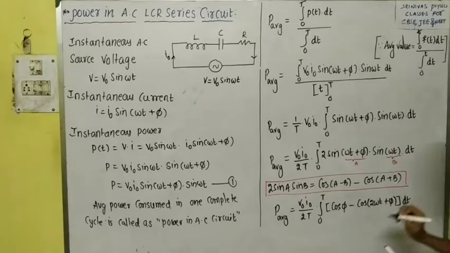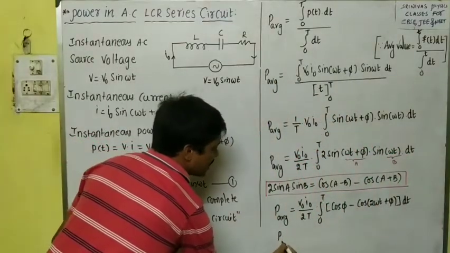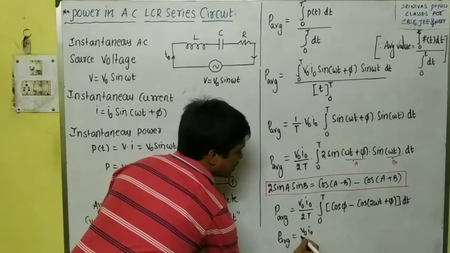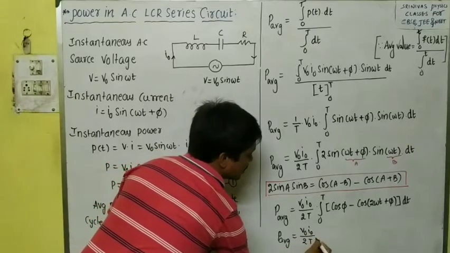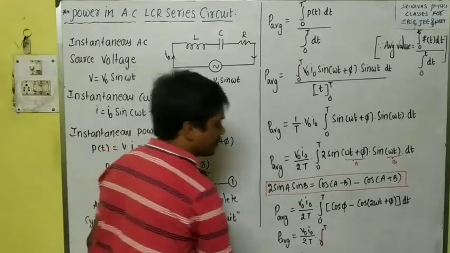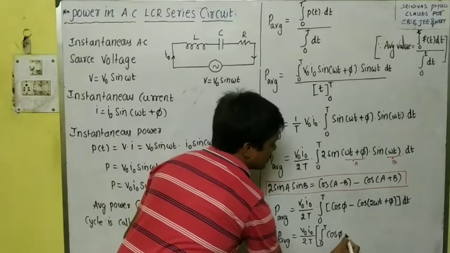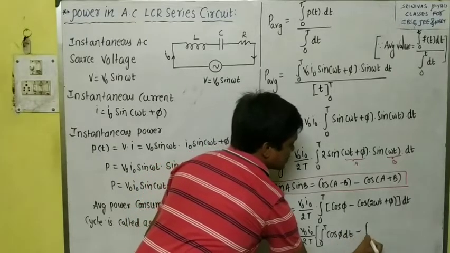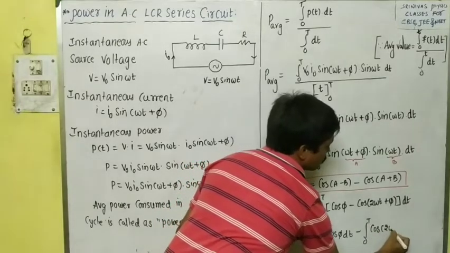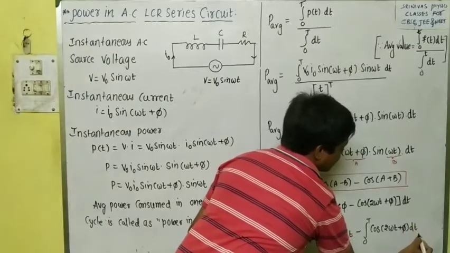This is the function. And let us go for one more step, right? That is P average is equal to v naught I naught by 2T into integration, we have to multiply, right? Integration cos phi dt minus integration 0 to capital T cos of 2 omega t plus phi dt we have to write.